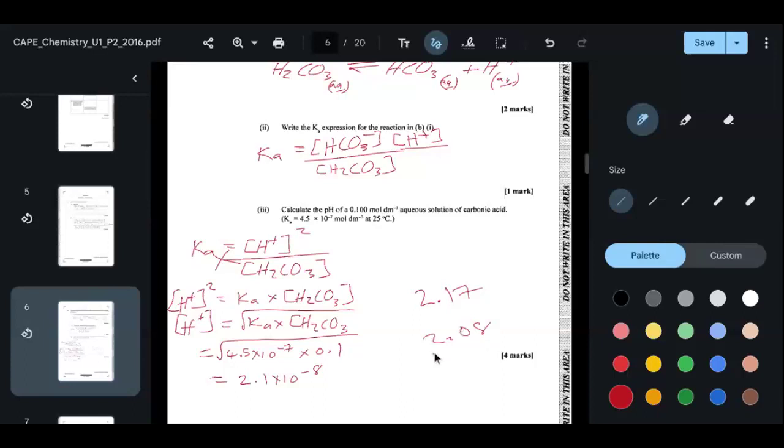Let me just check this quickly. 4.5 times 10 to the minus 7 times 0.1, take the square root of that. I'm getting 2.1 times 10 to the negative 4.